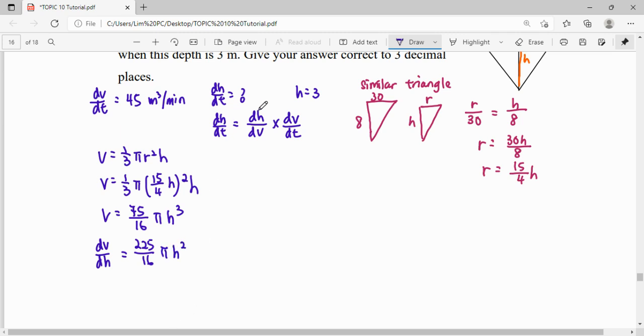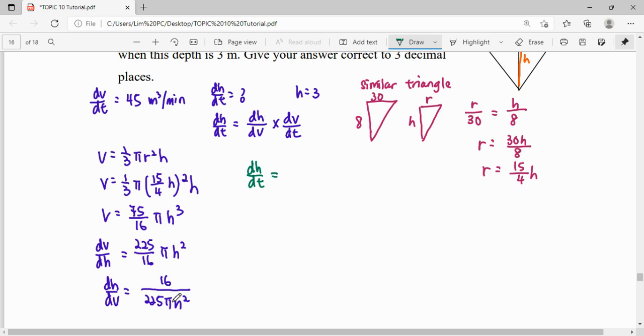What we need to find here is dh/dV, so we will invert our dV/dh to become dh/dV. The denominator will go up and the numerator will go down. So finally we managed to get our dh/dV.